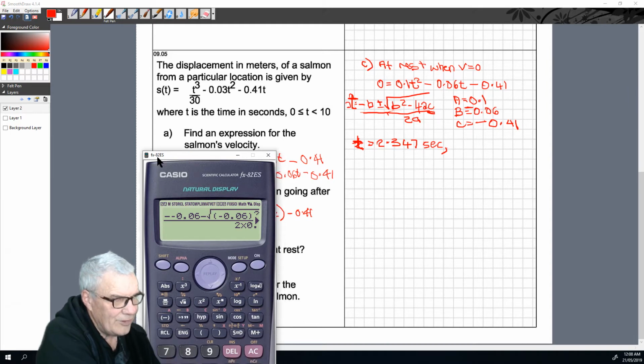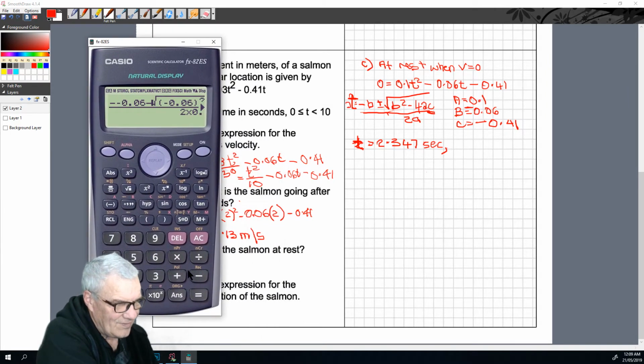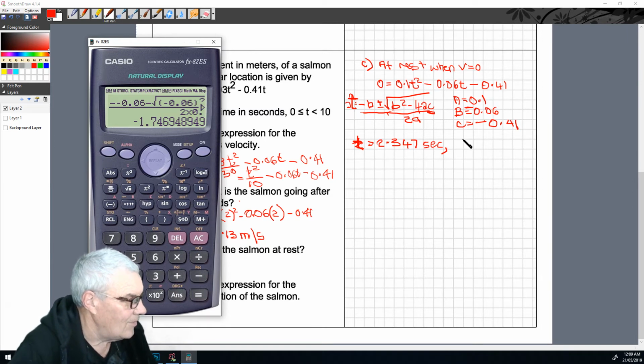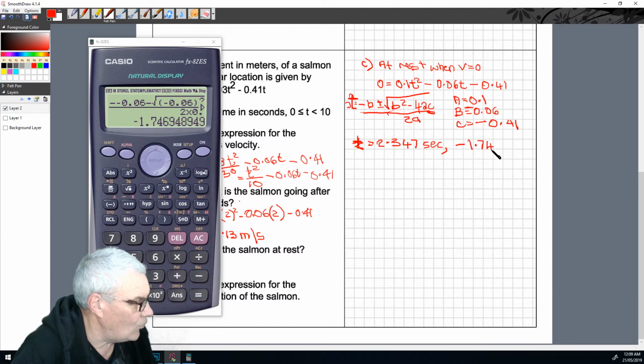Equals, and then we minus 1.747, minus 1.747 seconds.